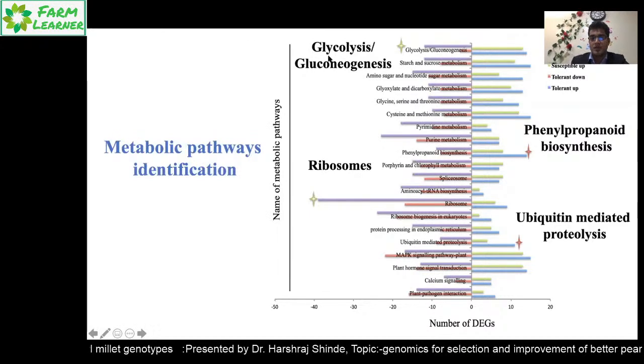So this was also a key pathway. On the other hand, phenylpropanoid biosynthesis and ubiquitin-mediated proteolysis show very significant upregulation in the tolerant genotype as compared to the susceptible genotype. So we think that these pathways also hold the key for stress tolerance and susceptibility during salinity stress.